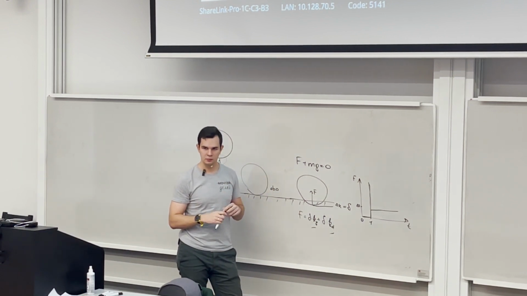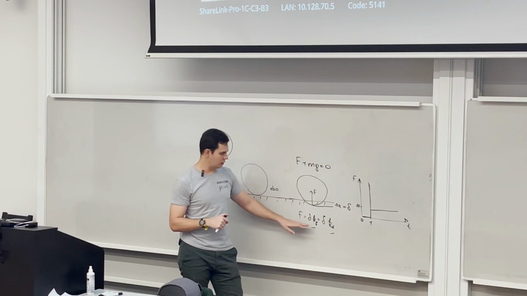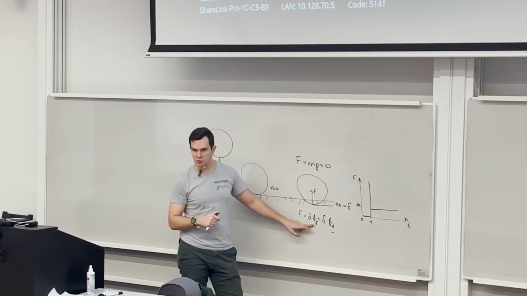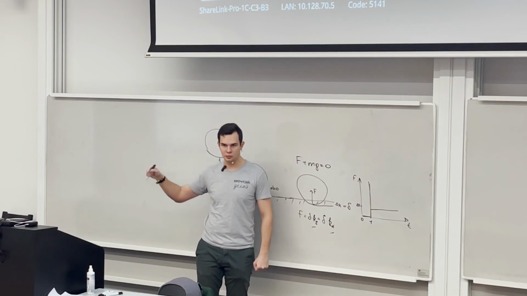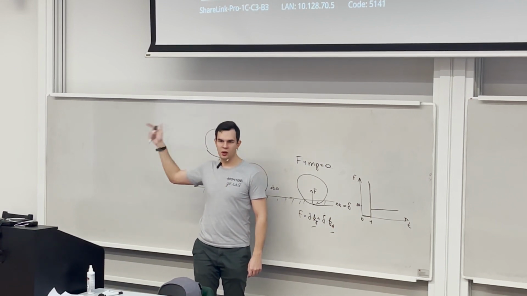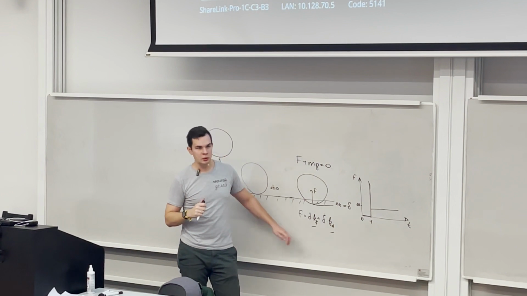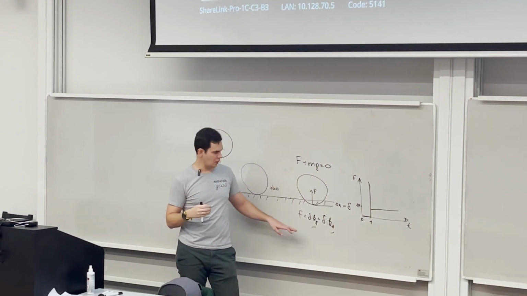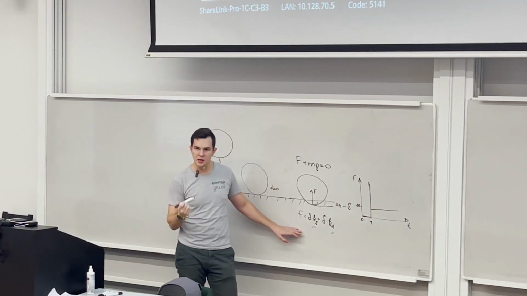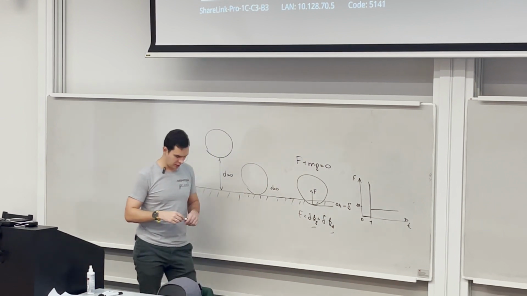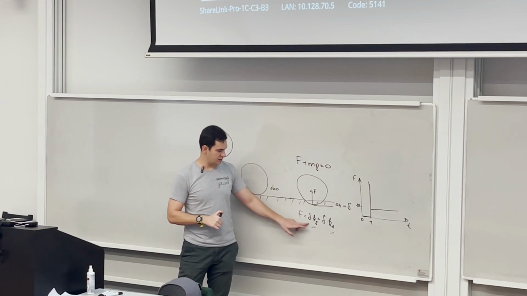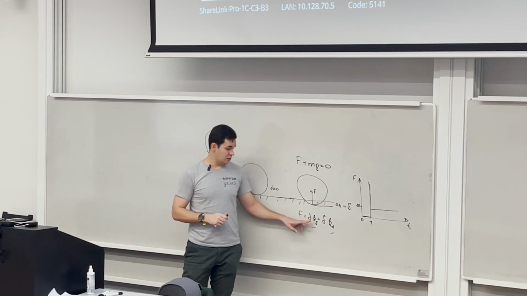So delta won't be 0. It will be almost 0. I mean, numerically it will be 0.00000, and eventually 1. But it won't be 0, because otherwise the force will be 0. And the delta depends on those coefficients.